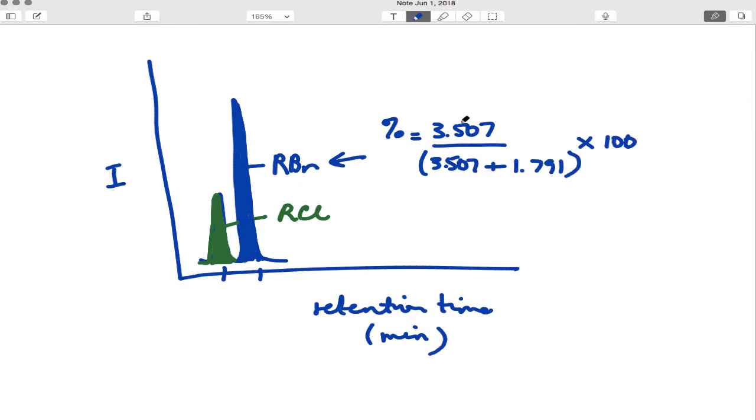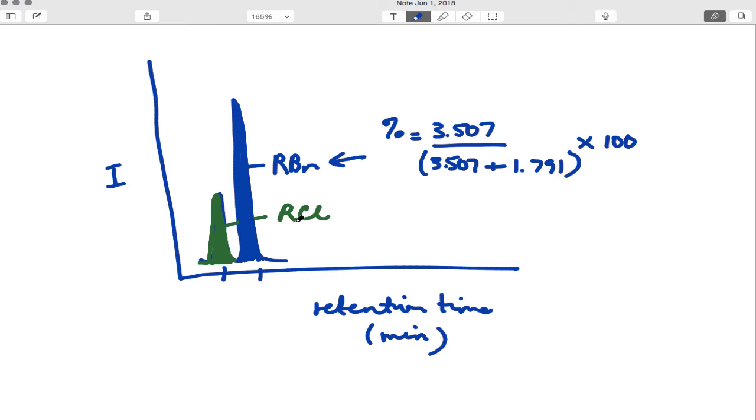So just take the area of one over the total area times 100. This calculation has to be done because I just want to look at the relative percentages of just these two peaks. There could be other peaks showing, and I don't necessarily want to factor those in. So I just want to get these two. So this would be the calculation for that.